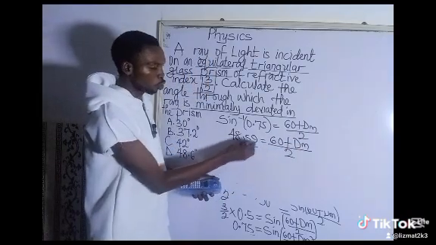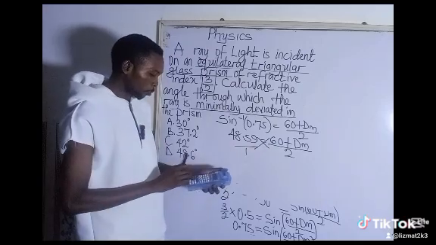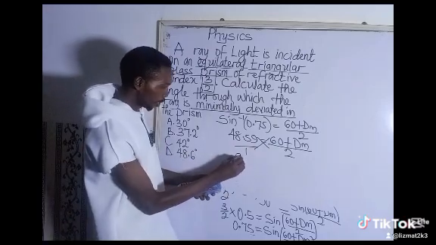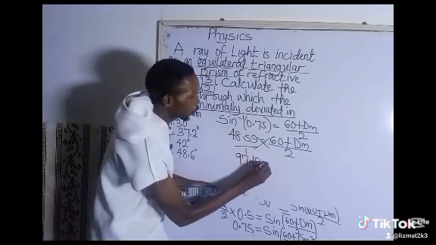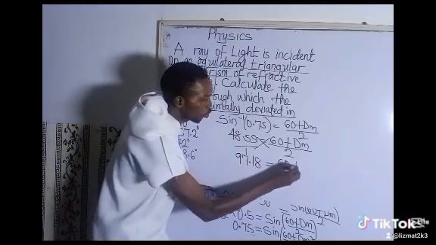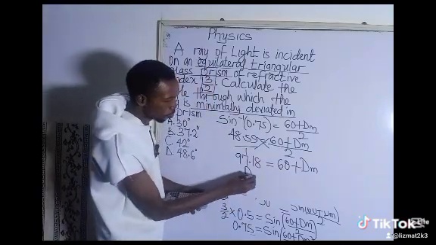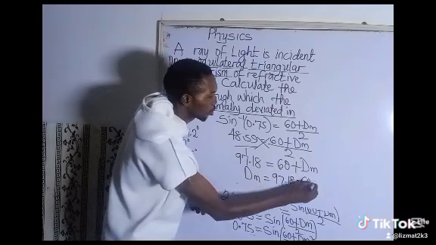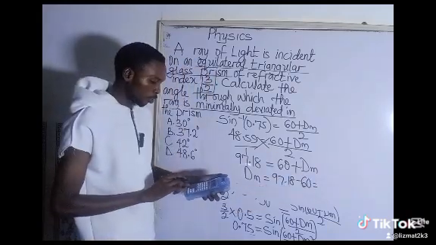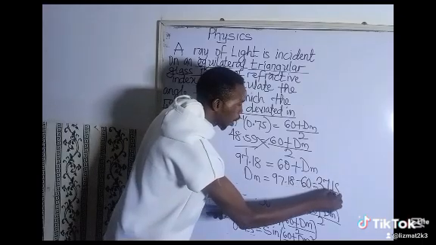So from here, we cross multiply. We have 2 multiplied by this, that will give us 97.18. 97.18 equals 60 plus the angle of minimum deviation. So from here, the angle of minimum deviation is equal to 97.18 minus 60, and that will give us 37.18.